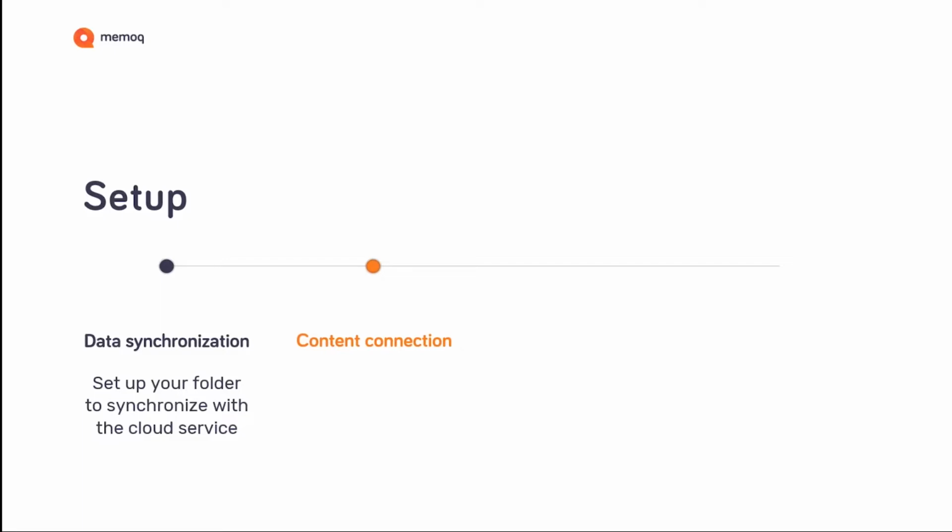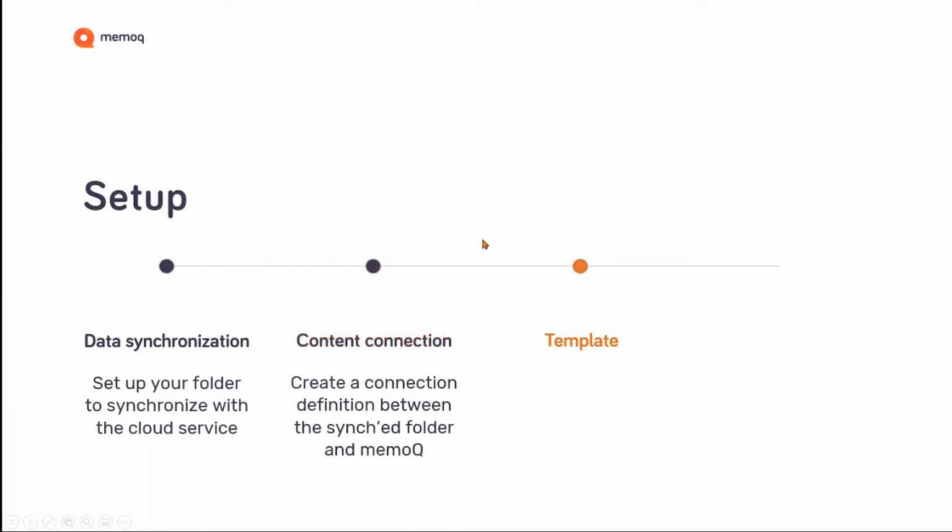You remember when you import a file into a project, you have to choose which languages you want this file to be translated into. Here, it comes already predefined in the content connection. So we will generally be creating a connection definition between the folder that is synchronized with the cloud service and memoQ.